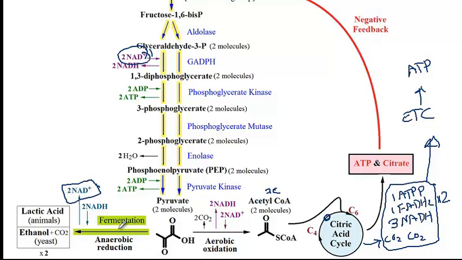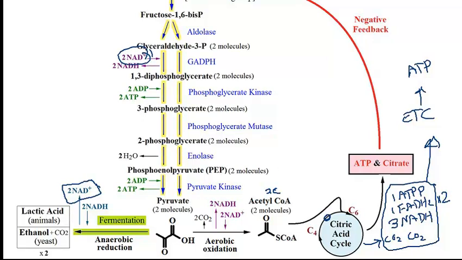And so that's the whole purpose of fermentation, that is to regenerate the NAD+ that was used up during the glycolysis reaction. And so we have 2 types of fermentation: lactic acid fermentation, seen in animals and bacteria, or ethanol fermentation, which is seen in yeast and some bacteria. And we will go into more detail regarding these reactions again.